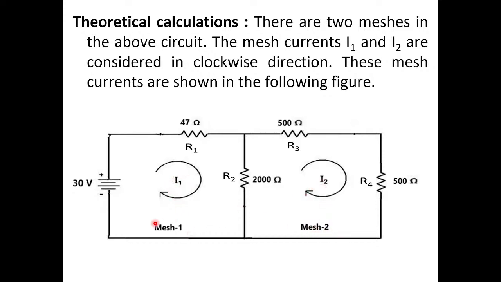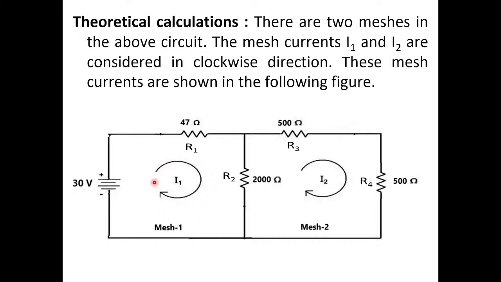Since this is a closed path or loop or mesh, we will call I1 a loop current and I2 a loop current. So we are assuming two loop currents, I1 in mesh 1 and I2 in mesh 2.